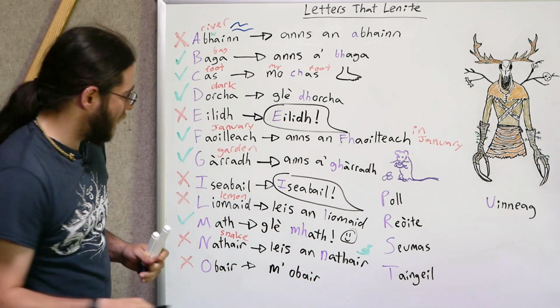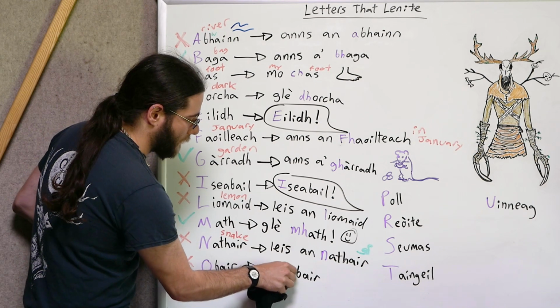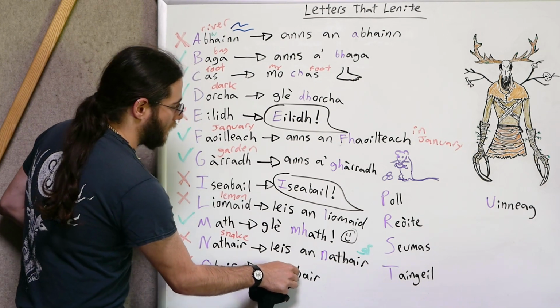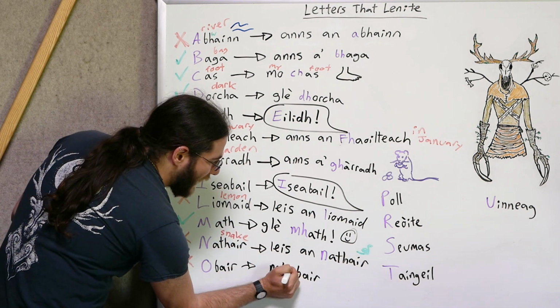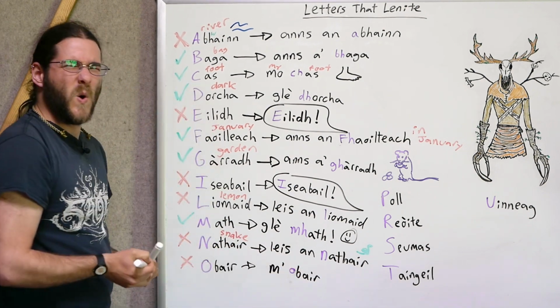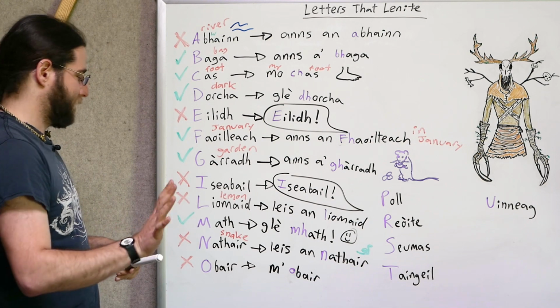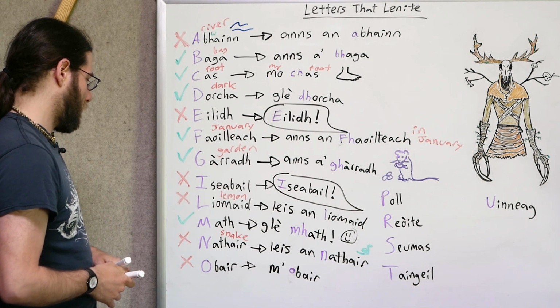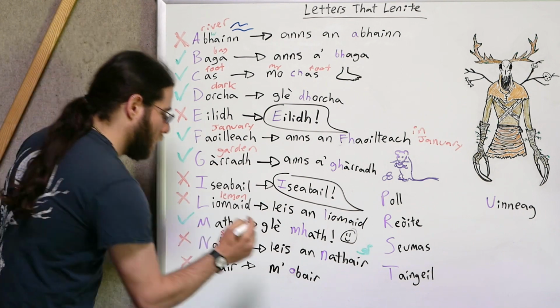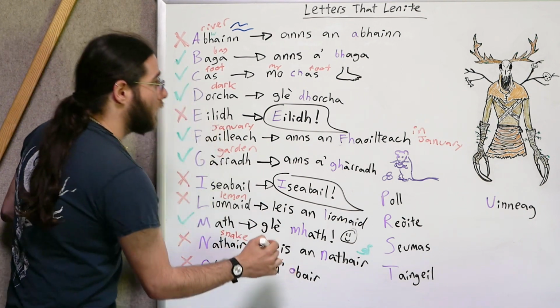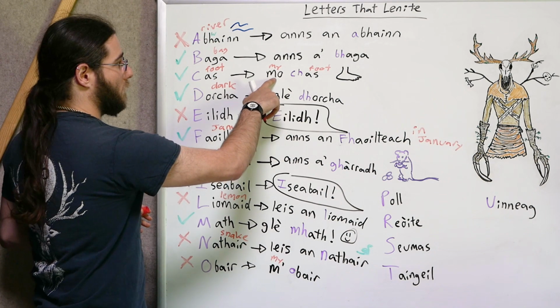Because it doesn't lenite, it just stays O. That would be really hard to do, adding an H sound. Moper. Mopeth. My work. That little M means my, like mochas, same word. My, mo.